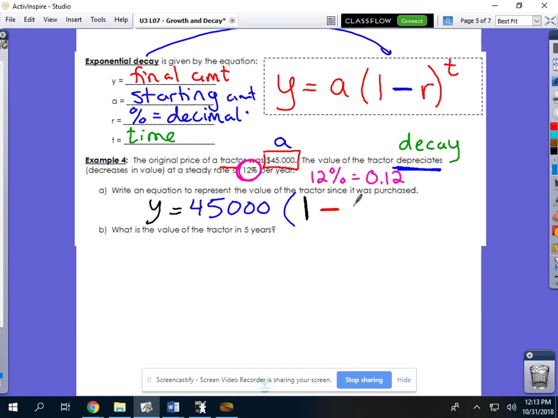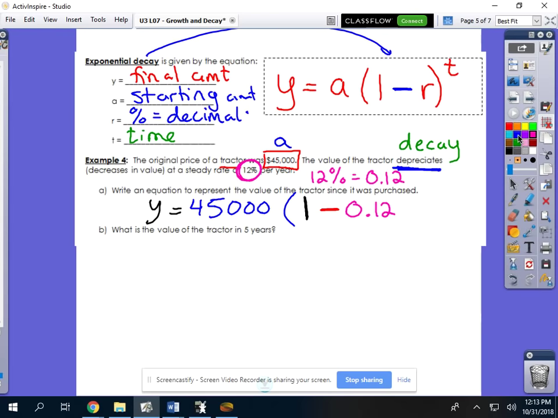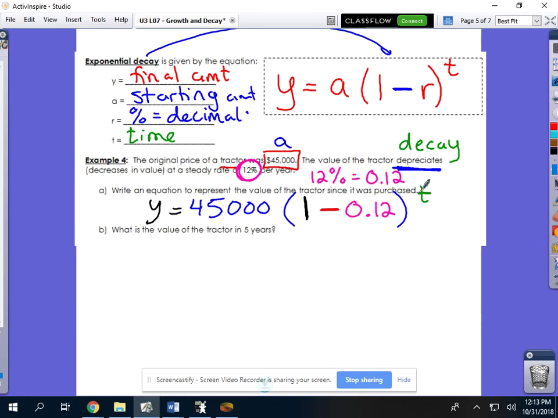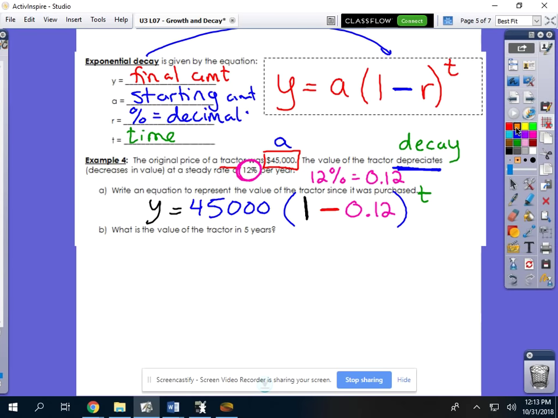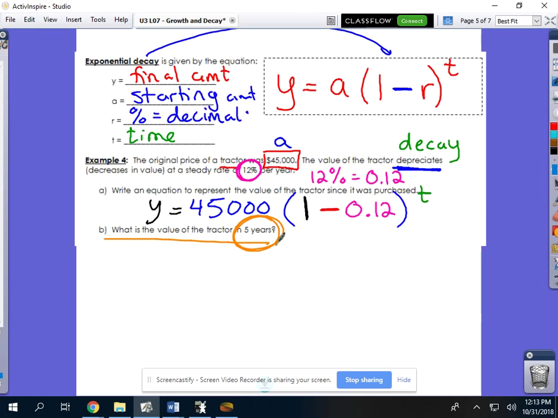Move that decimal point two places. Close the parentheses, and we raise it all to t. We don't know how many years it's been yet. So now, honestly, we do know what's the value of your tractor after 5 years. So all you got to do is take that 5 and plug it in.